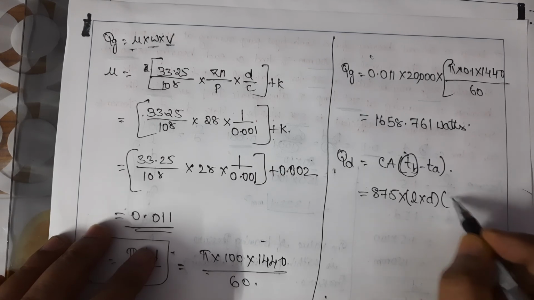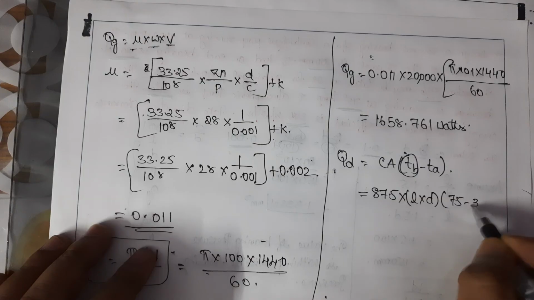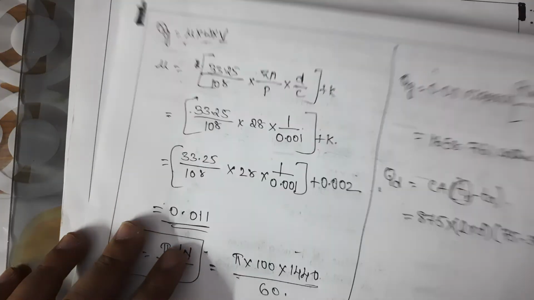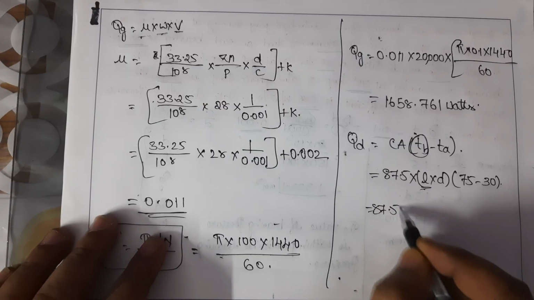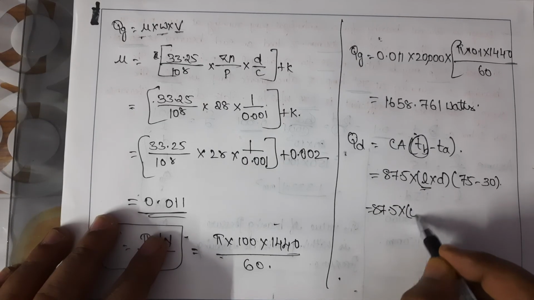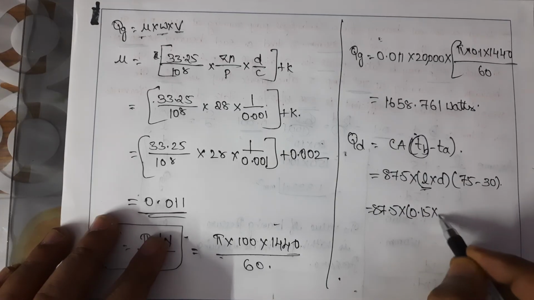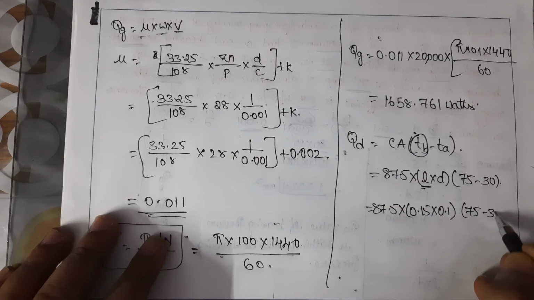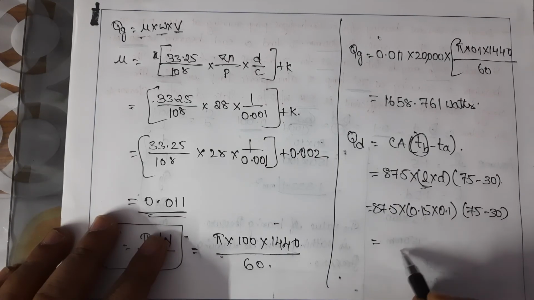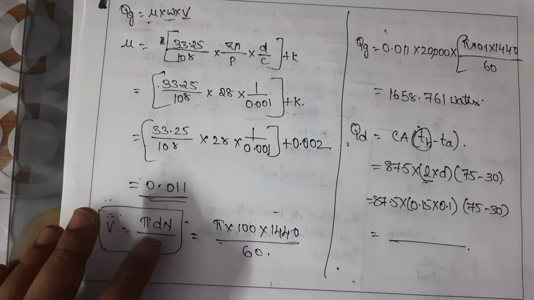The length is 0.15, so 87.5 into 0.15 into 0.1, into 75 minus 30. Okay, so calculate the value and tell me the answer.